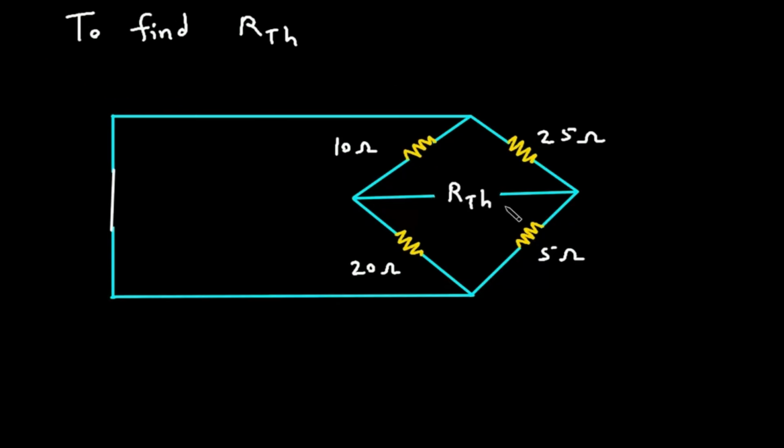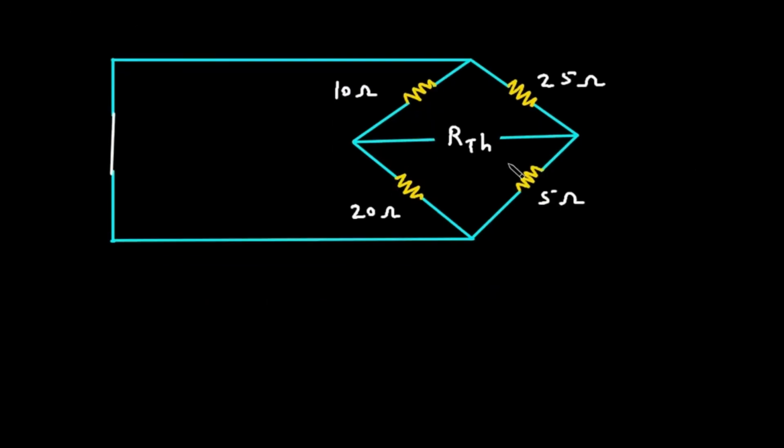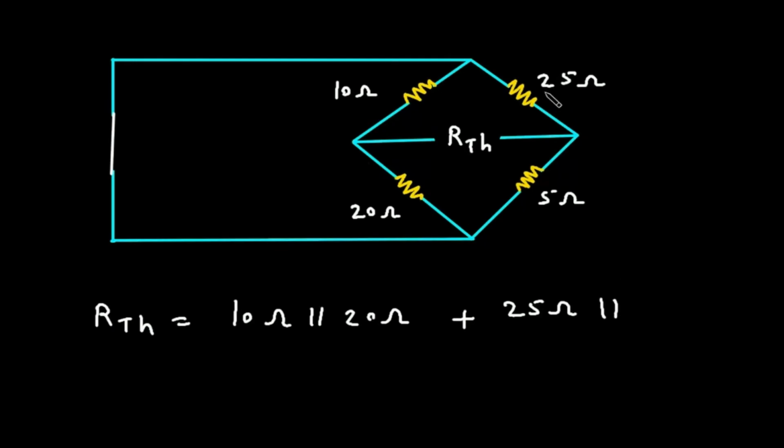Now as we can see, RTH is equal to this 10 ohm in parallel with this 20 ohm, plus it is in series with this 25 ohm parallel with 5 ohm.